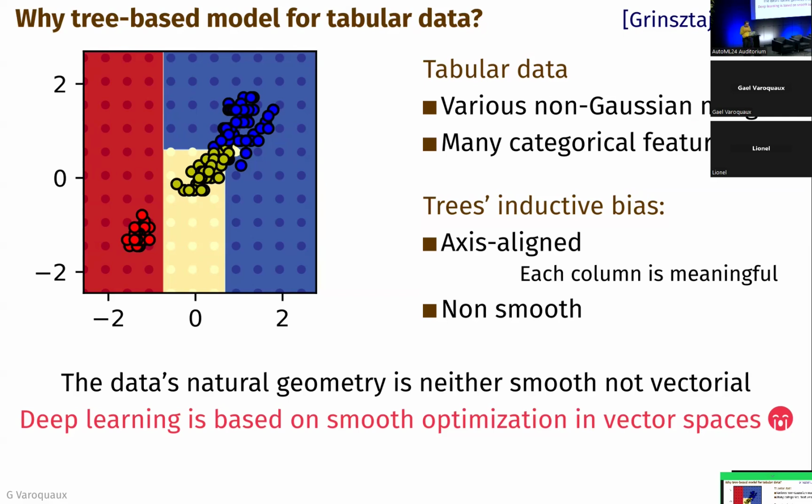So the problem space we're in is difficult for deep learning, because deep learning is fundamentally based on smooth optimization in vector spaces. The vector space is equipped with a metric that's typically the Euclidean metric. If you do a gradient step, you're in a Euclidean space. All this is invariant by rotation. It's not axis aligned. These notions of distance may not be meaningful if you have jumps in your data, or categorical values. So it's really a difficult space for deep learning.